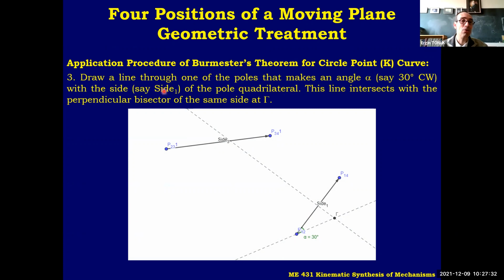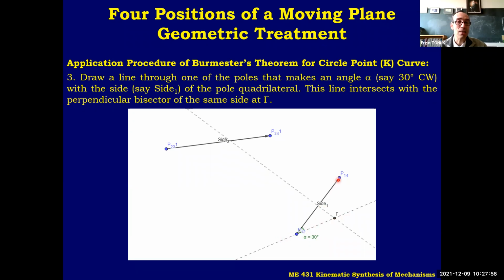So now these are things I do arbitrarily. So I select this arbitrary angle to be 30 degrees, and I just make the angle with side 1.